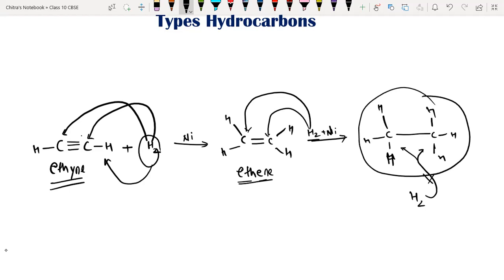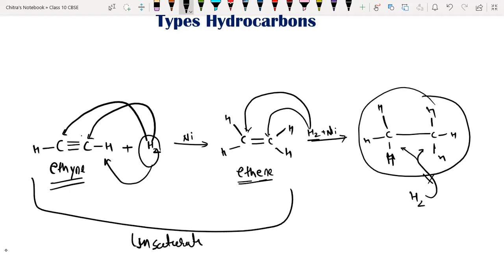On the basis of the presence of carbon-carbon double bond, triple bond or single bond, we can say both of these hydrocarbons are unsaturated, because we have added hydrogen in them. But in the last one, ethane, it is eth for 2 carbon and ane for single bond.